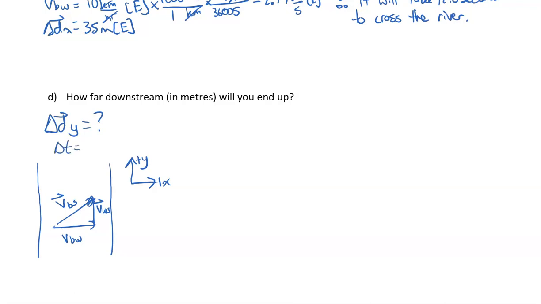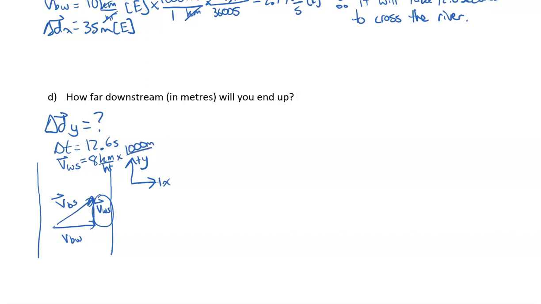And we don't know how far downstream it's going to land. We do know it's taken 12.6 seconds. We do know that the velocity of the water relative to the shore, that's in the same direction as the displacement, so that's the one we're interested in. We know that that is equal to 8 kilometers per hour. We're going to do the same unit analysis that we did before, dividing by 3.6.